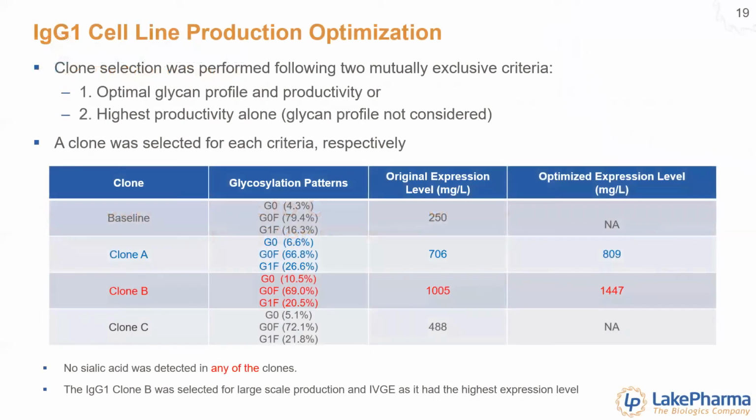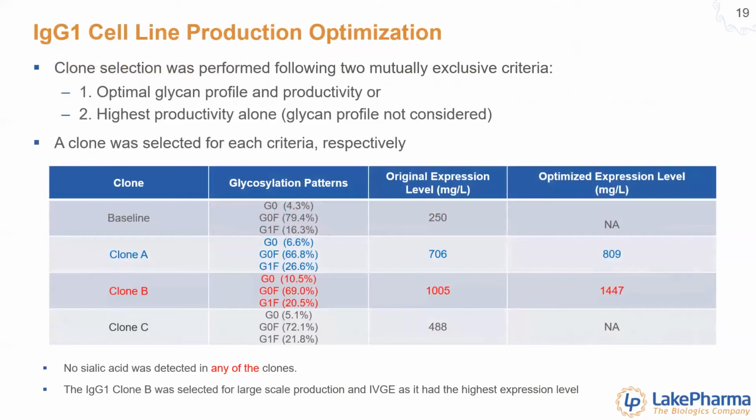On slide number 19 is an IgG1 stable cell line production project, and clone screening was performed using two routes, two mutually exclusive routes. The first route has the criteria of looking at the optimal glycan profile as well as productivity, and our second route would only be looking at the productivity, and we would not look at a glycan profile, because we know that IVGE can change the glycan profile after the product is produced.